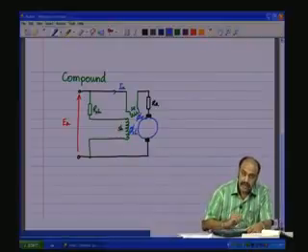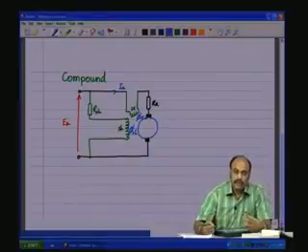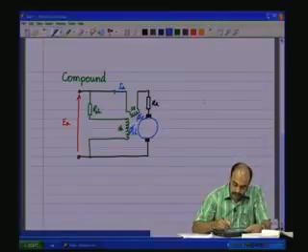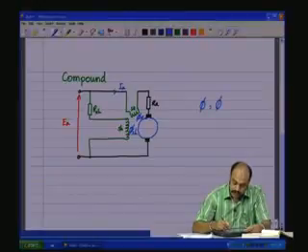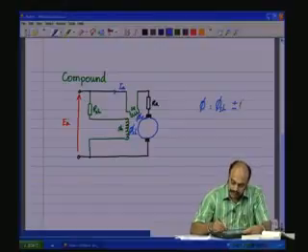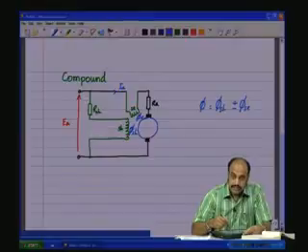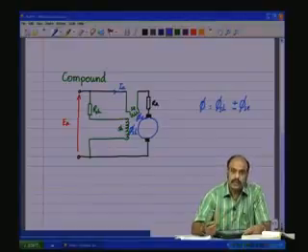The shunt flux will be the dominating flux in most of the cases. So, you will have the resultant flux which is the shunt flux plus or minus the series flux. That is the flux generated by the shunt winding plus or minus the flux generated by the series winding.